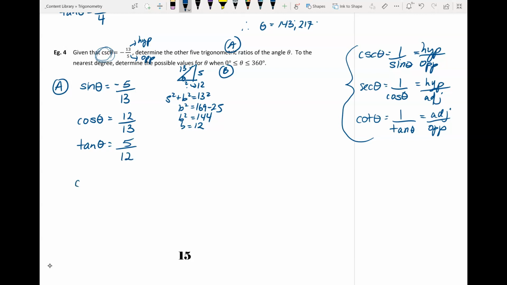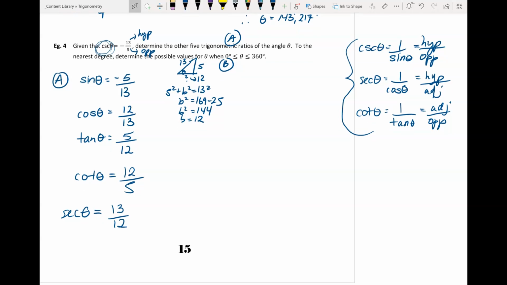Then I'm going to look for cotangent theta, and this is adjacent over opposite. Our adjacent is 12, our opposite is 5. And then for secant theta, this is hypotenuse over adjacent, which is 13 over 12. And those are our 5 trig ratios.